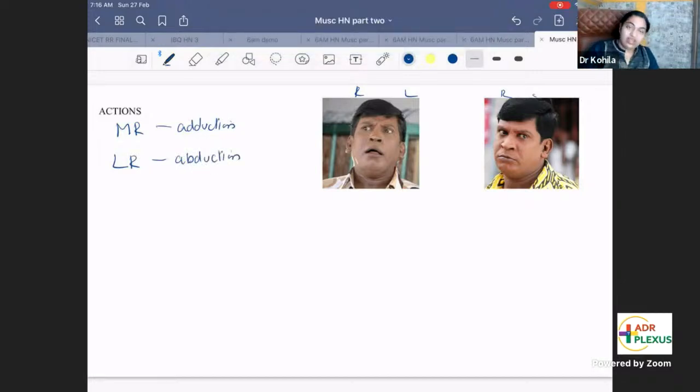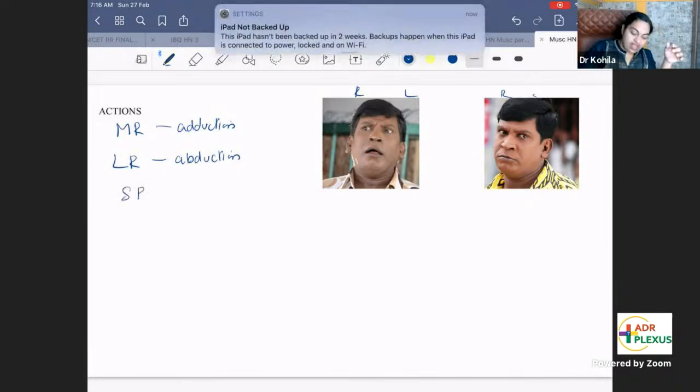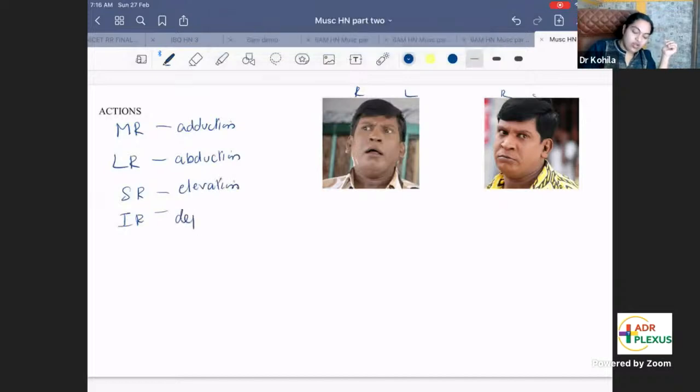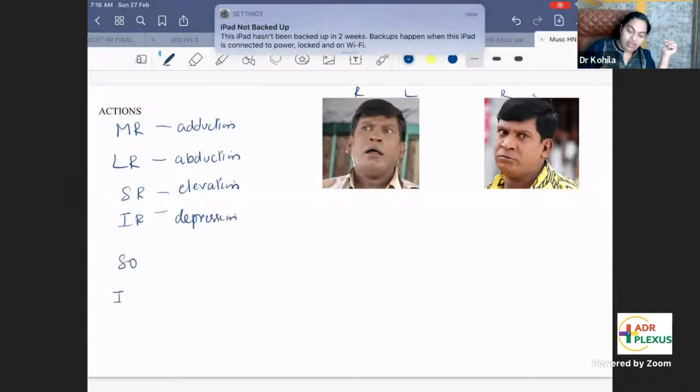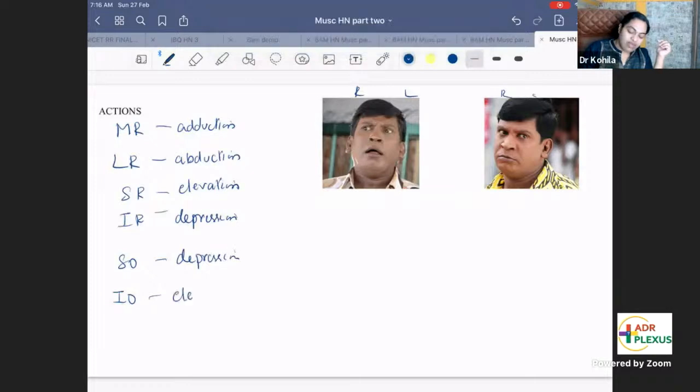Other than that, the superior rectus and the inferior rectus, they insert in front of the equator. So when they contract, superior rectus will cause elevation of the eyeball. Inferior rectus is going to cause depression of the eyeball. Superior oblique and inferior oblique, obliques are inserting behind the equator. So superior oblique will cause depression of the eyeball. Inferior oblique will cause elevation of the eyeball.